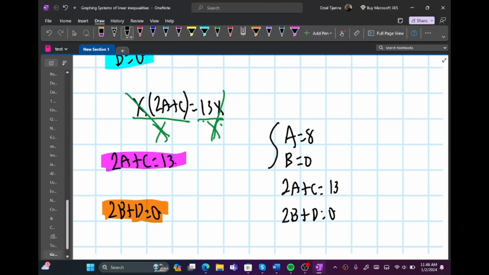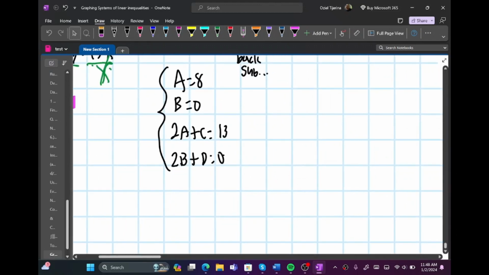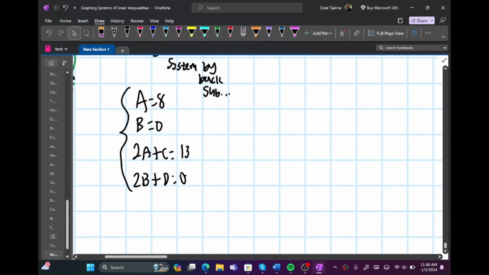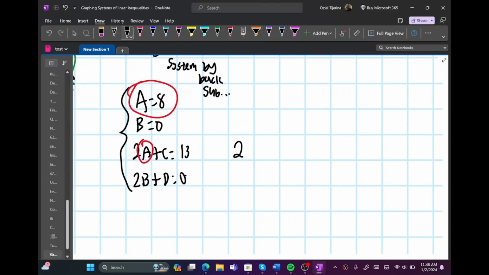Now, solve the system by back substitution, really, because obviously we just have to substitute for certain values. Now, if I substitute this for a right here, I'm gonna get 2 times the quantity 8 plus c is equal to 13.